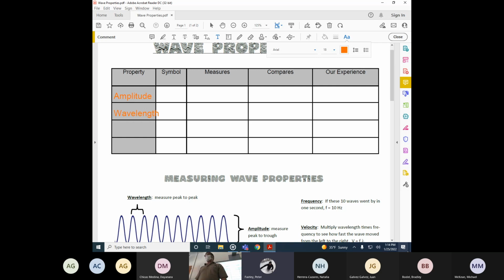These are all different aspects of a wave that we can measure, and we find them in both sound waves and light waves. Next, we have frequency. And the last property we can measure on a wave is the wave velocity, how fast that wave is moving.